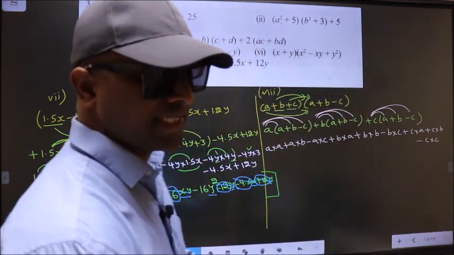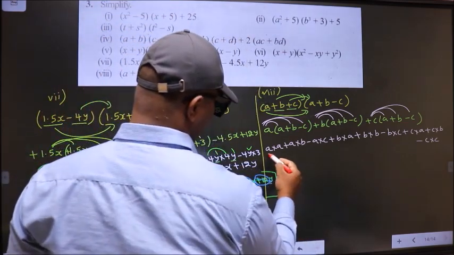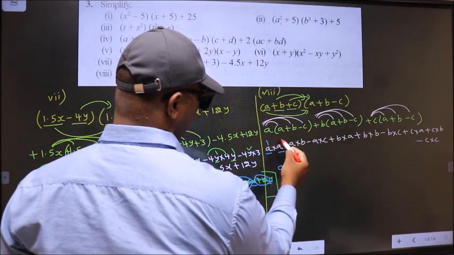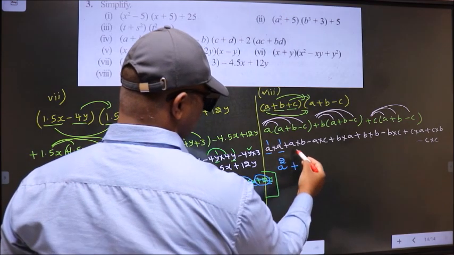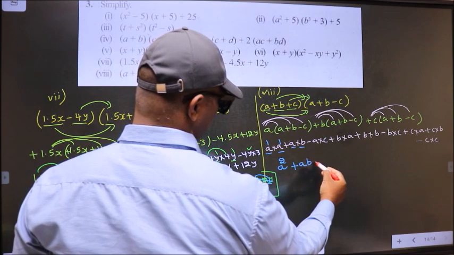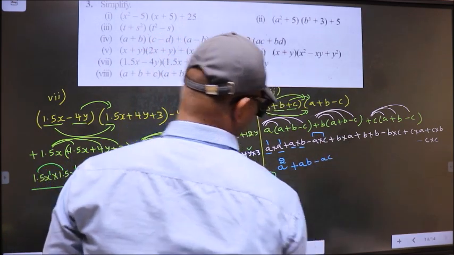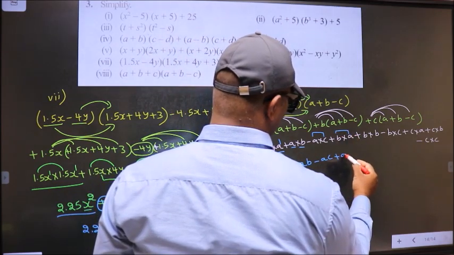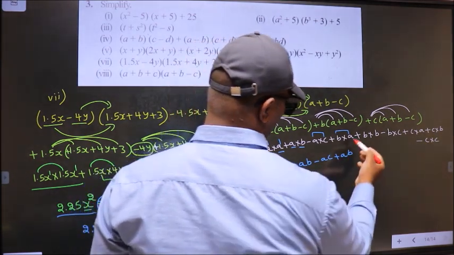Okay, next. Now here A, we get A power, you add the powers, 1 plus 1 we get 2. Plus, here letters are different, so as it is you write. Minus, letters are different, so as it is you write. Here also letters are different, so as it is you write. Whether BA or AB doesn't matter.